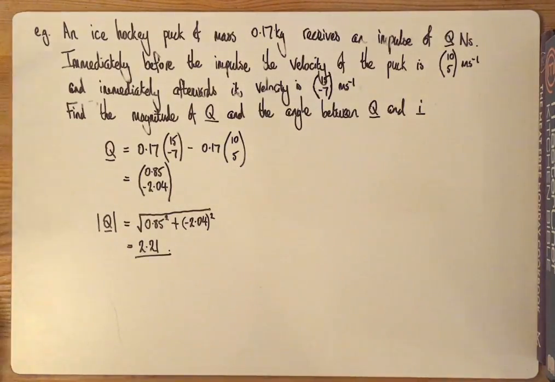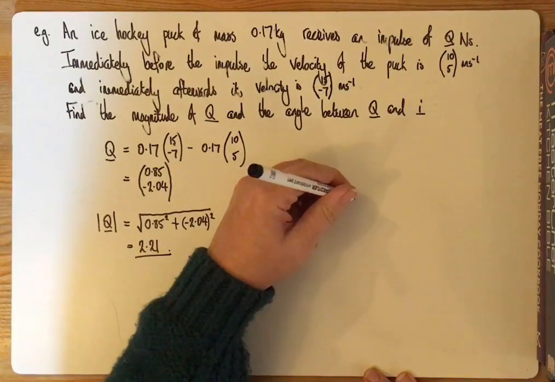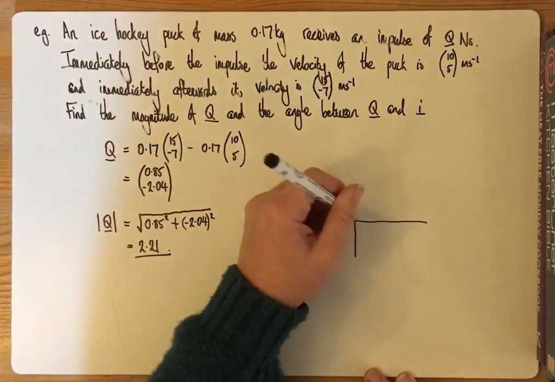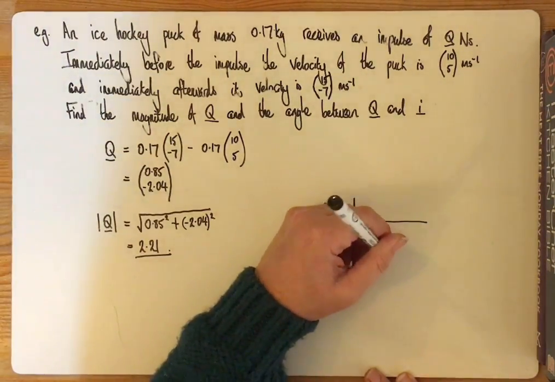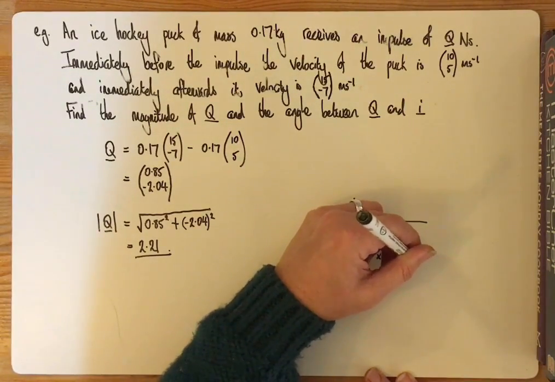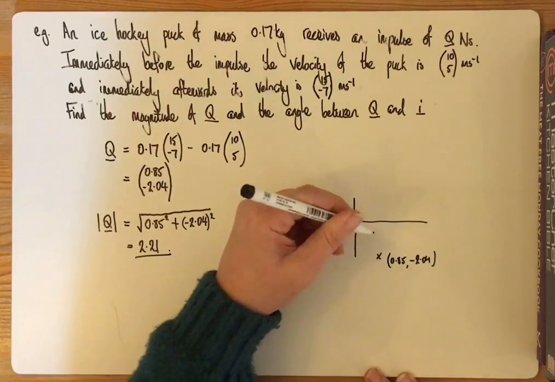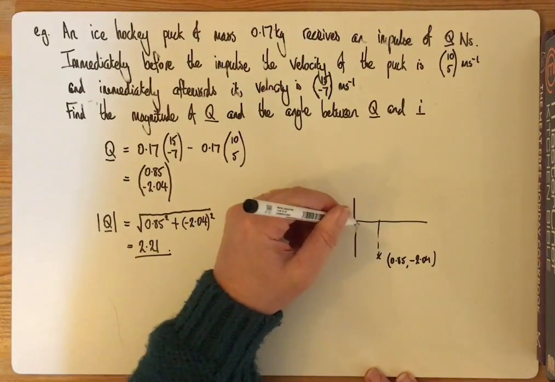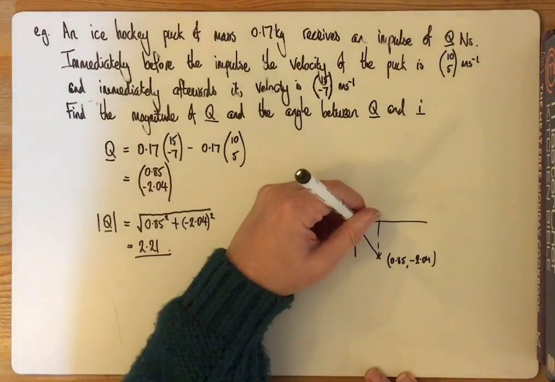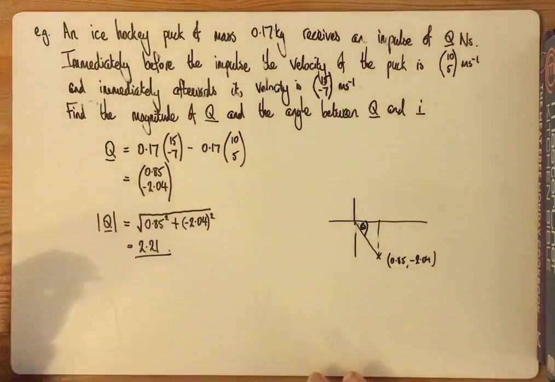And then we want to find the angle between Q and i. I would suggest you just sketch these just to make sure you do the right thing. So you've got 0.85, negative 2.04, down here. And we want the angle between Q and i, so we're looking for this angle here.